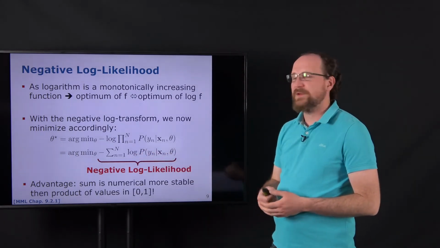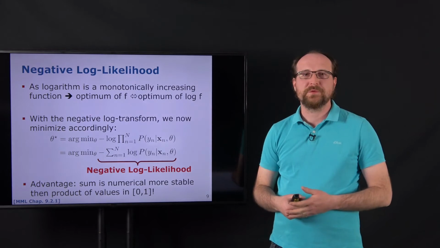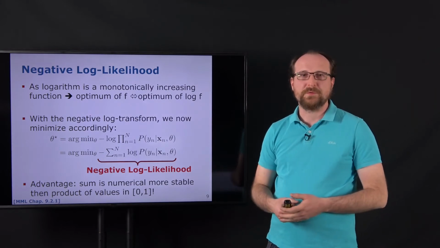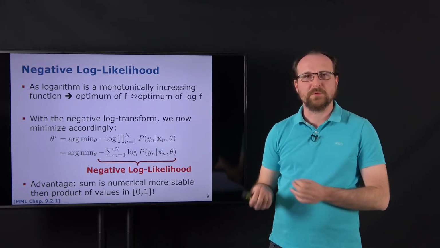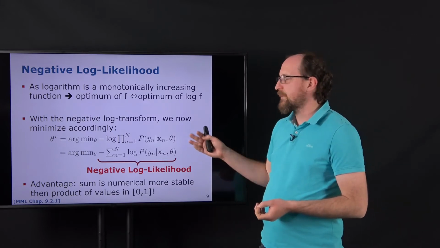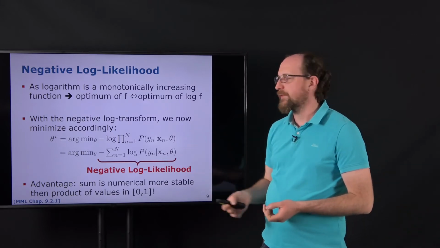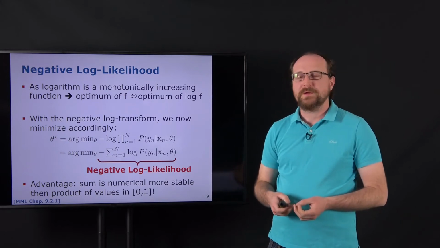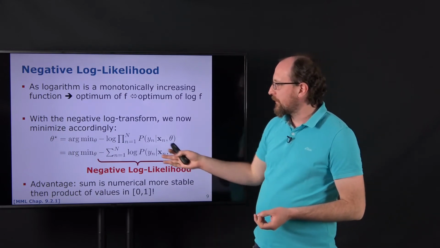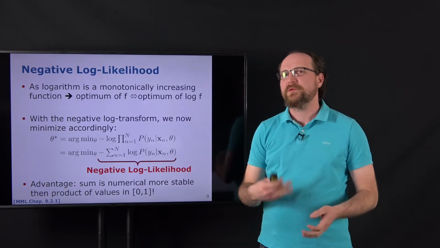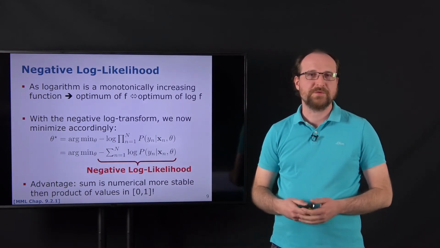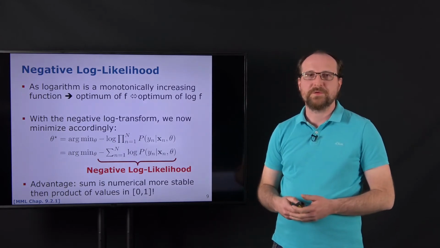This gets a little bit more numerically stable, because we are not building products of numbers between 0 and 1, but we are doing a summation over the values. And using the logarithm also has some other advantages, as you will see shortly, that will simplify the derivation a bit.